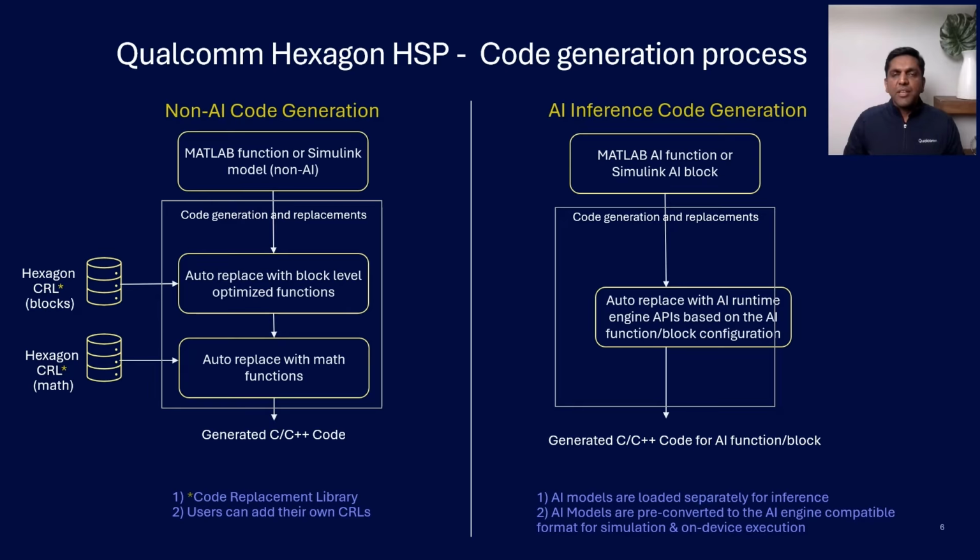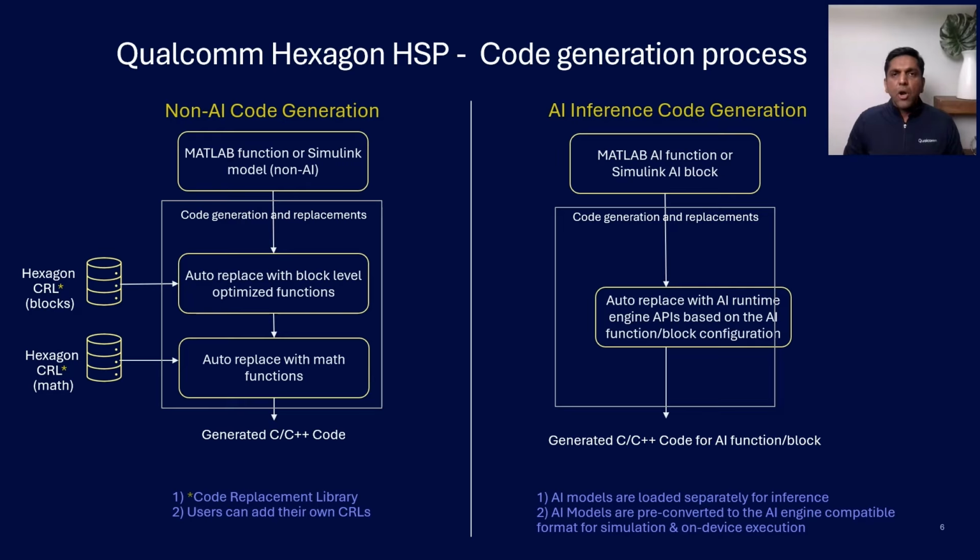Developers start with either a MATLAB function or a Simulink model to design and simulate their algorithm. With Hexagon Support Package, that high-level design is translated into optimized code using embedded code generation workflow. Under the hood, we use replacement libraries and code generation backends that are aware of Hexagon DSP architecture.